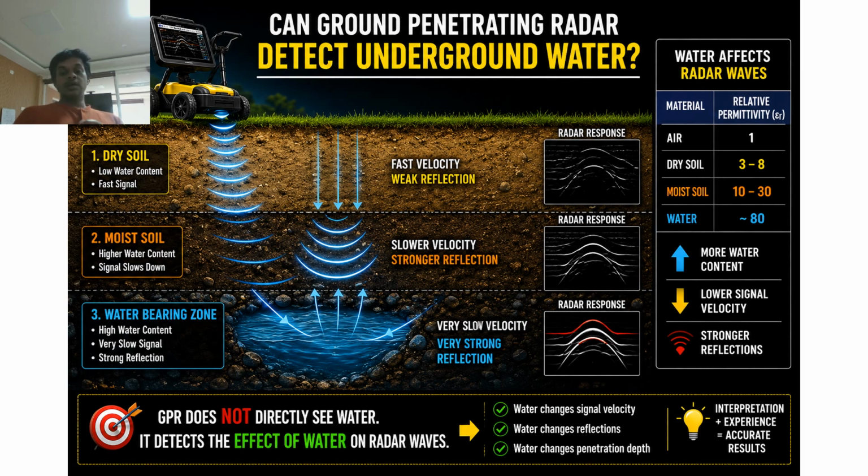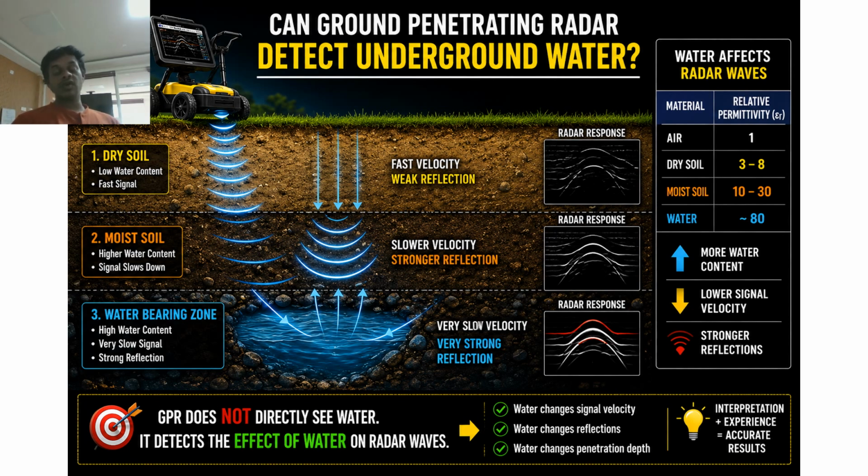Now let us talk about depth. Can GPR detect deep groundwater aquifers? Usually this is very difficult because water-rich zones often cause signal attenuation. That means the signal becomes weaker as it travels deeper. In some cases, the signal may not penetrate deep enough to reach the target.